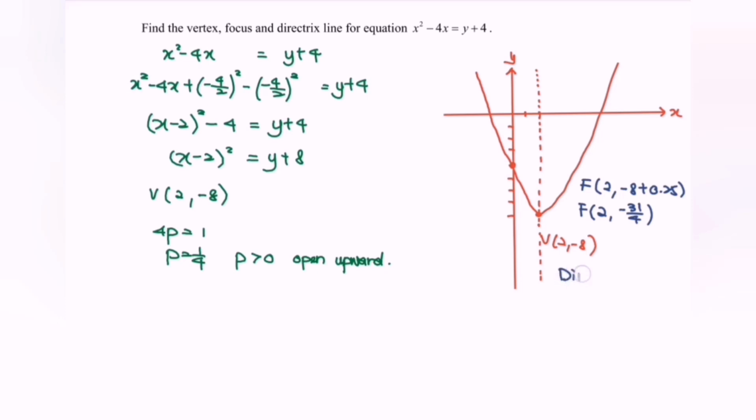So the directrix will be negative 8 minus 0.25 because moving downwards. So the directrix will be y is equal to negative 33 over 4. So here we have the directrix. So here we have the name for the equation, x squared minus 4x is equal to y plus 4. And here we have the point of intersection, which is 0, negative 4.